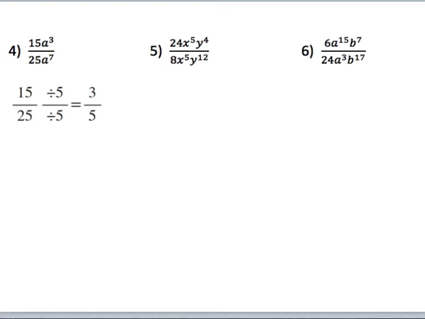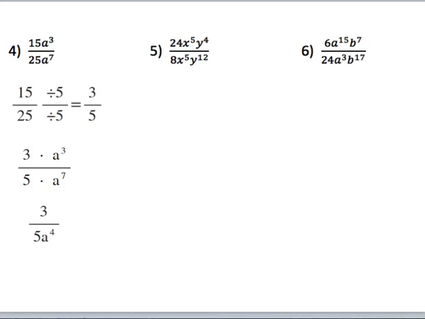Both 15 and 25 can divide by 5. Then I would tag on the a's back onto that simplified fraction. But I keep it spaced out so it's easy for me to see how the a's are a column of like terms. And then I would subtract my powers and put the leftover a's where the bigger power was in the original problem, underneath the fraction.